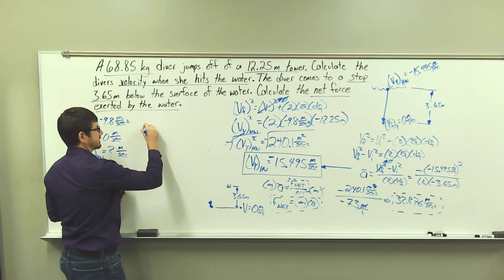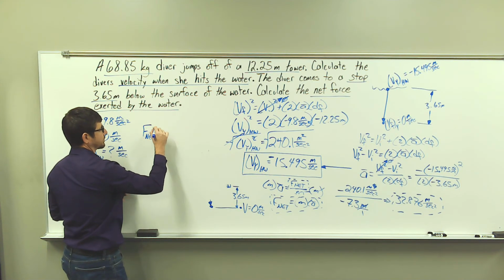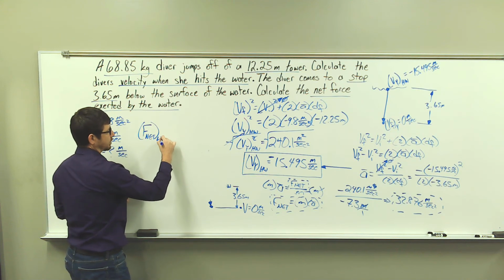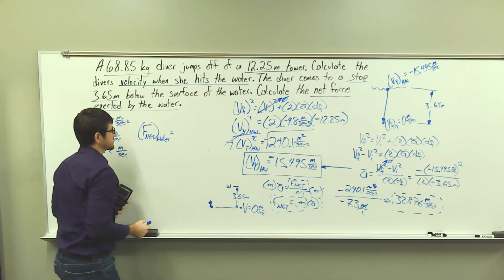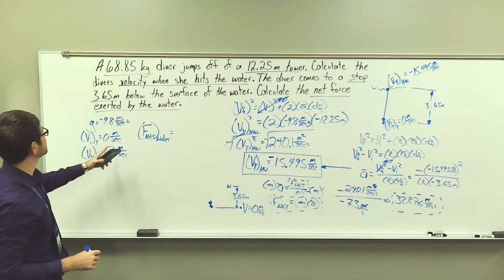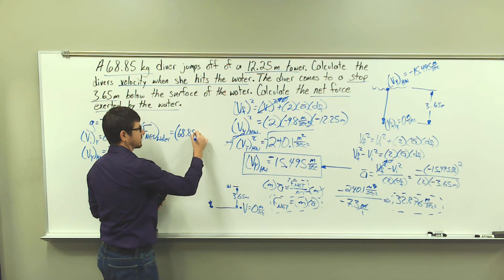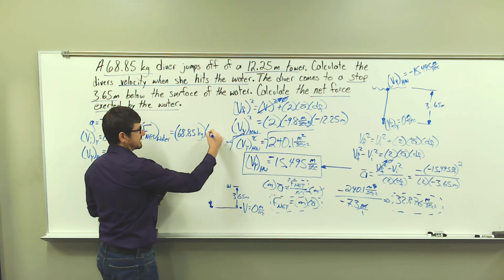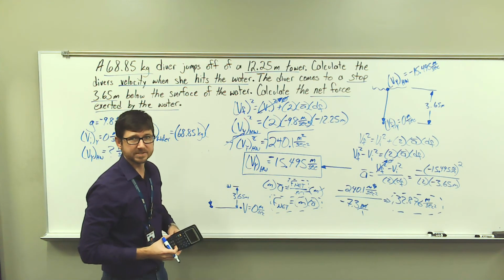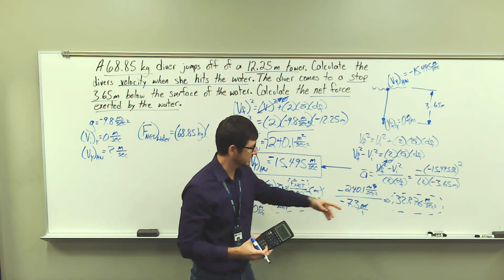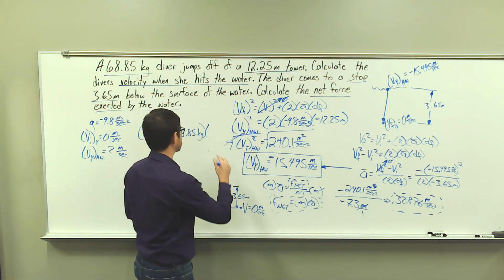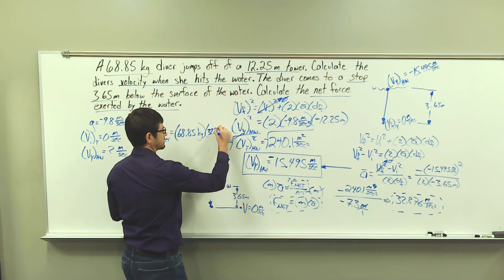And this is the net force applied by the water. The mass of our diver is 68.85 kilograms. And the acceleration that the diver experiences is a positive 32.876 meters per second squared.